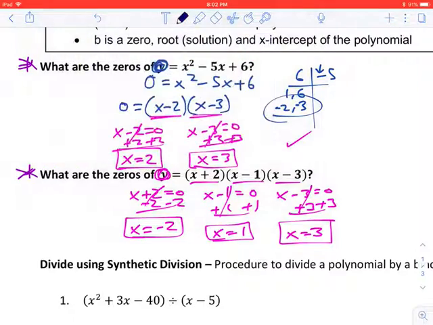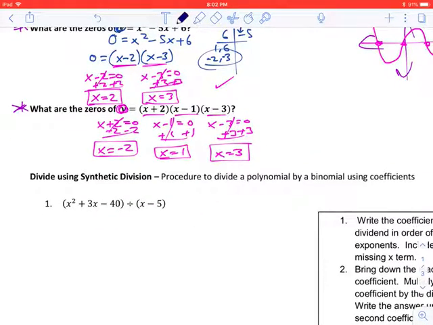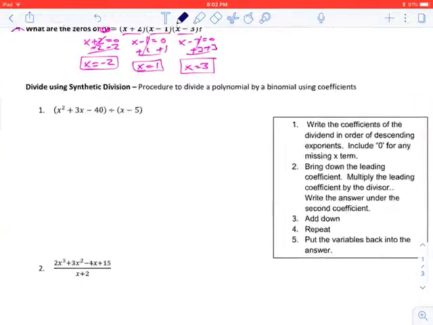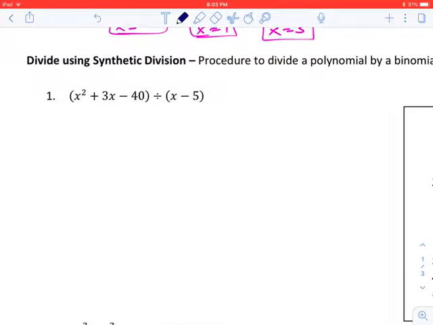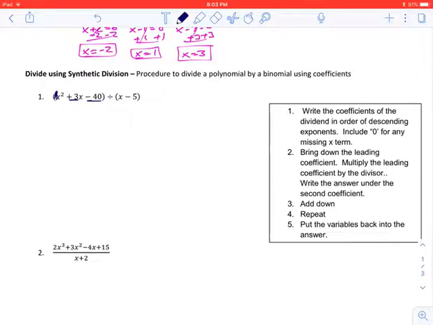Okay. So if we want to divide this polynomial by a factor, we can use what's called synthetic division. Here's how that works. First of all, if this is our dividend, I've got 1, 3, and negative 40 as the coefficients. The first step says to write the coefficients in descending order. So it's 1, 3, and negative 40.